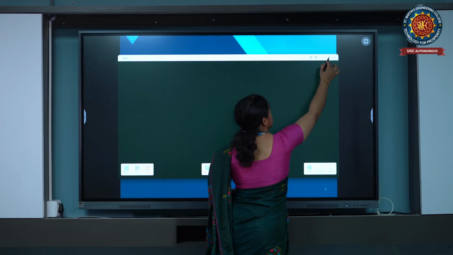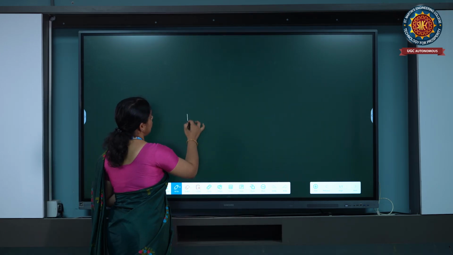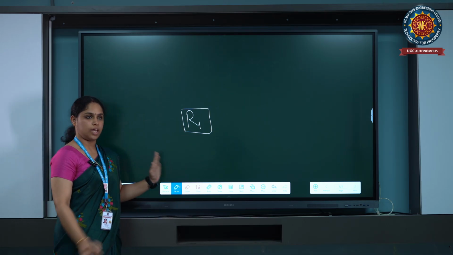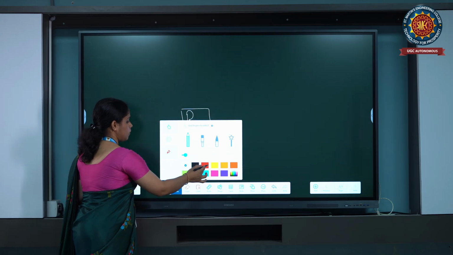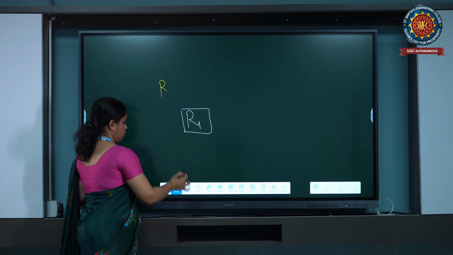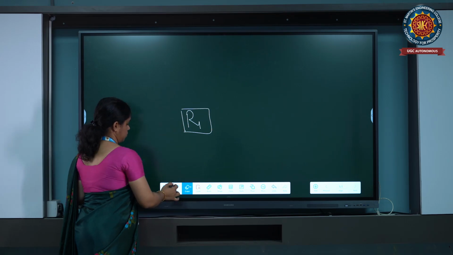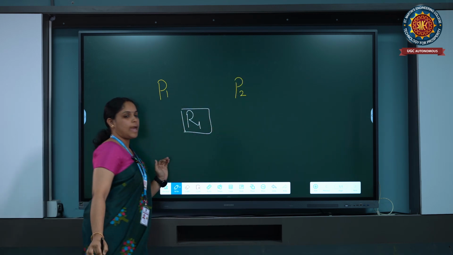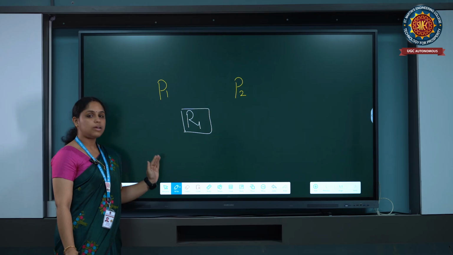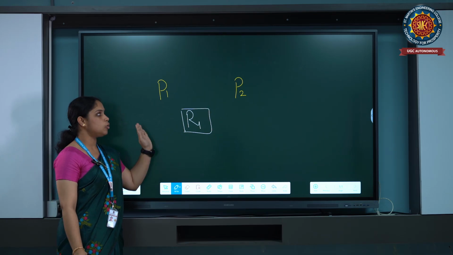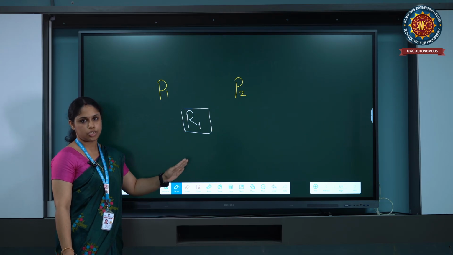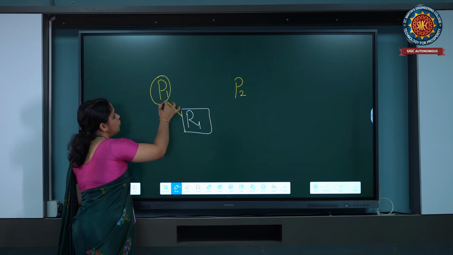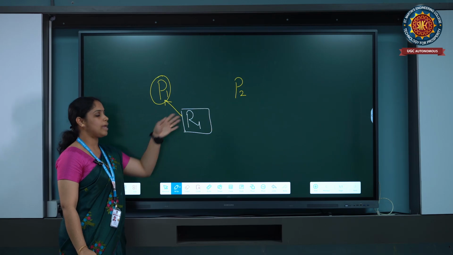That means, if there are two processes, P1 and P2, and there is one resource R1, then either R1 should be free to be allocated to either P1 or P2, or R1 has to be allocated to exactly P1 or exactly P2.